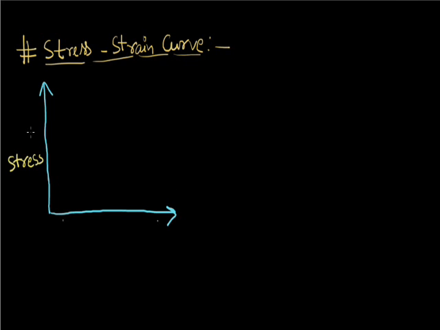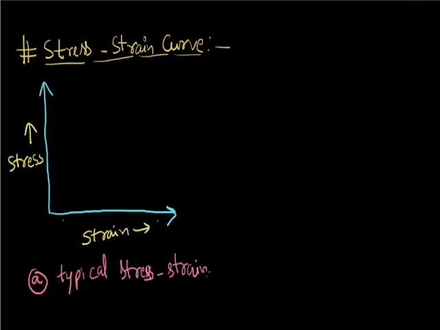We take stress on one axis, the vertical one, and strain on the other. This is a typical stress-strain curve for a metal, and it will come as follows.